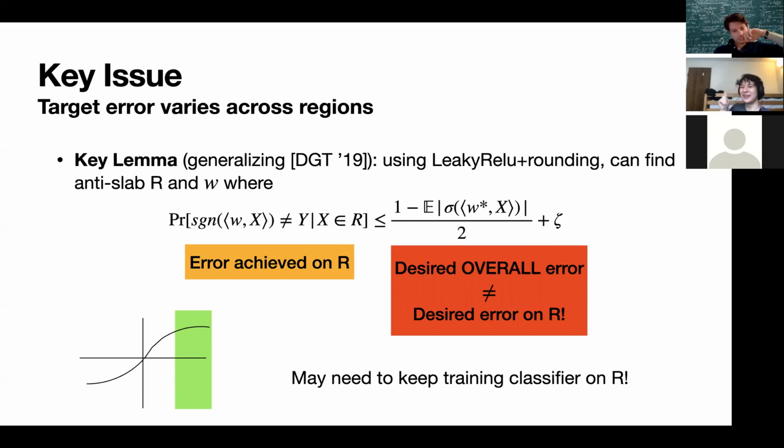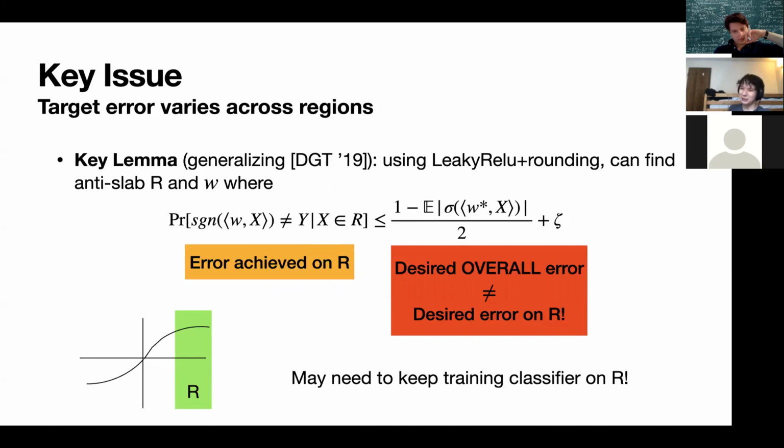R is the anti-slab, and its error is upper bounded by how much error you wanted to make on the entire space. R might be a region where W star is actually very accurate. In that case, it's not acceptable for us to get something where the overall accuracy is like 60%, and on R the true half space gets 99%.